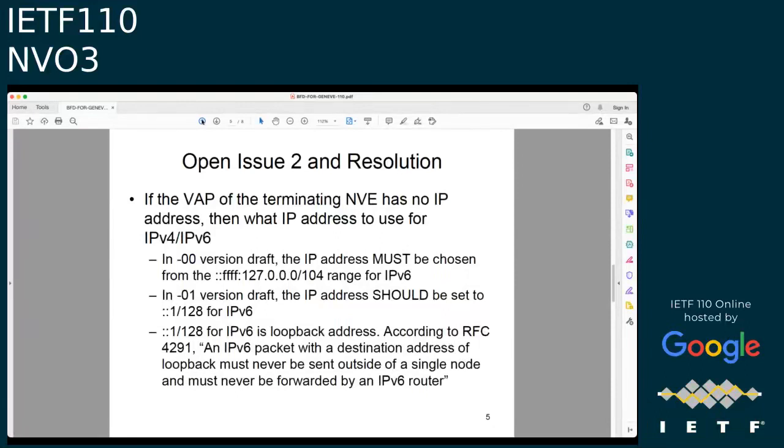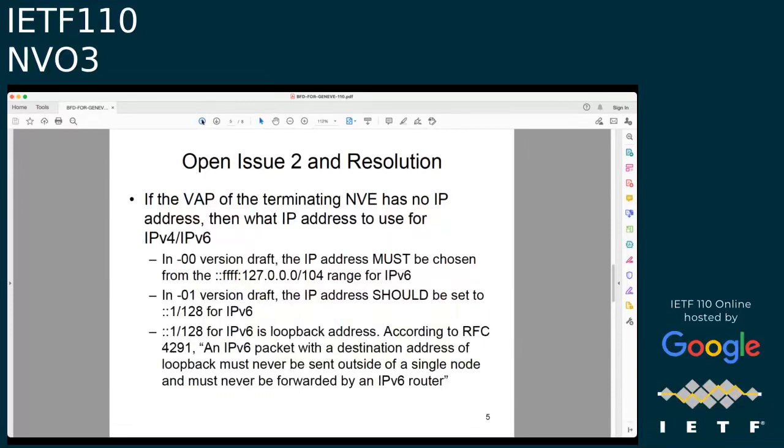So functionally, for IPv6, if we use the loopback address range for IPv4 addresses, then in IPv6 we can use only the single address ::1/128, and that's what is recommended in the Geneve OAM document, that IP encapsulated control packets use addresses from the IPv4 loopback range or ::1/128 for IPv6.